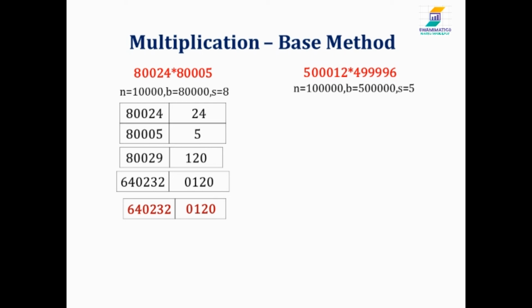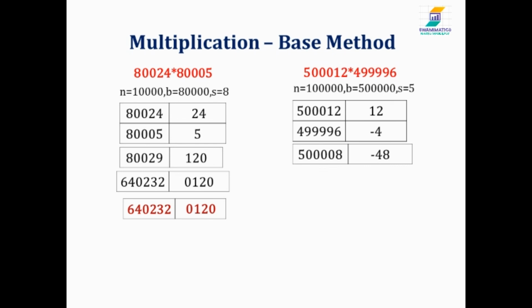Your normal base is 1 lakh and your working base is 5 lakhs and your sub base is 5. As usual, the numbers are listed one below the other and the difference is given on the right side of the number. Right. What is the next step? Cross operation.